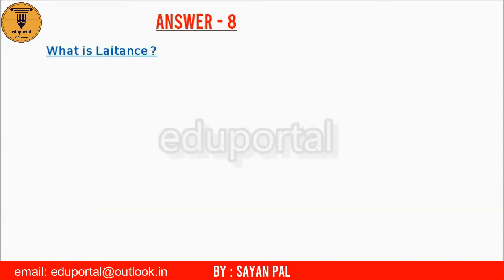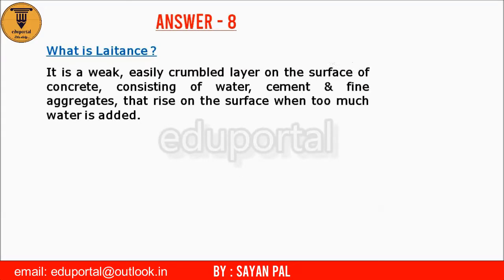So first, what is laitance? It is a weak, easily crumbled layer on the surface of the concrete consisting of water, cement and fine aggregate, and it rises to the surface when too much water is added.